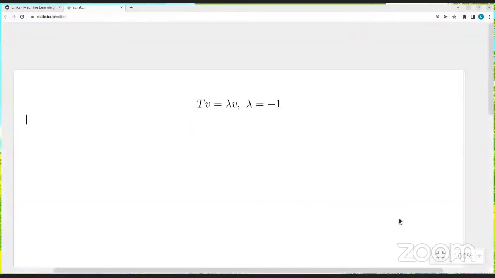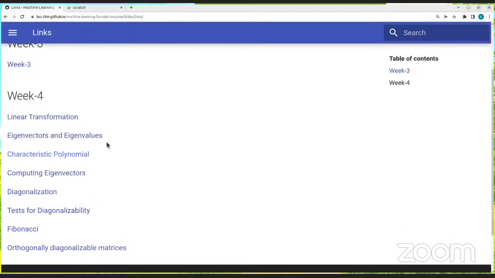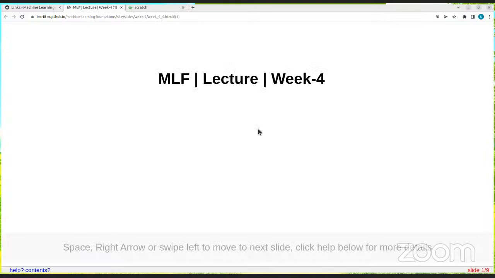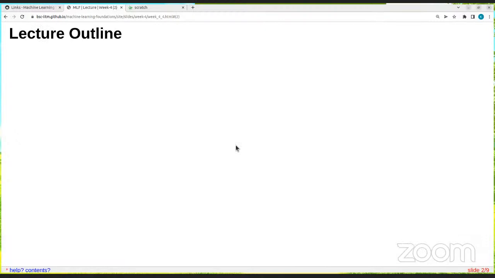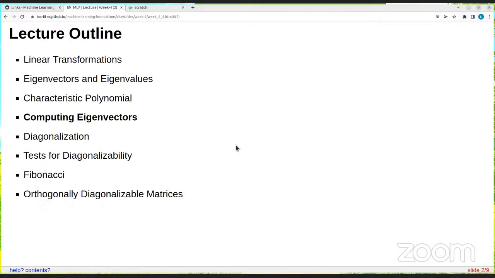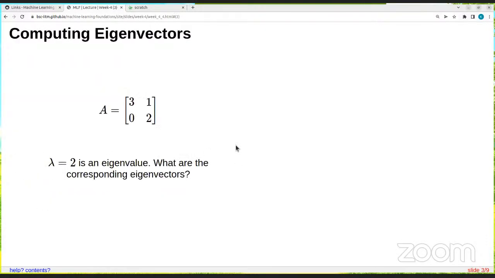So I think we stopped there. No, we also did this part. Once you have the eigenvalues, how do we compute the eigenvectors? I think we covered this part also. Very quickly, I'll go over that. If lambda equal to 2 is an eigenvalue, how do you find the eigenvectors? You solve this equation, A minus lambda I times X equal to 0.